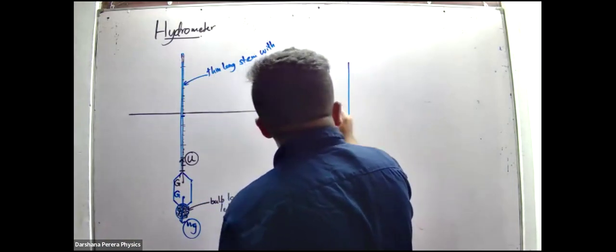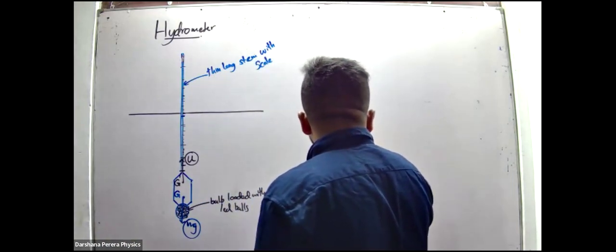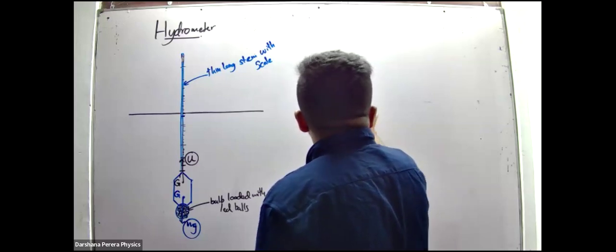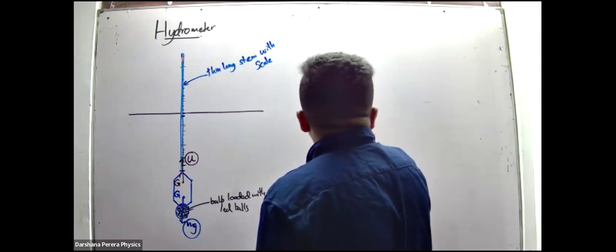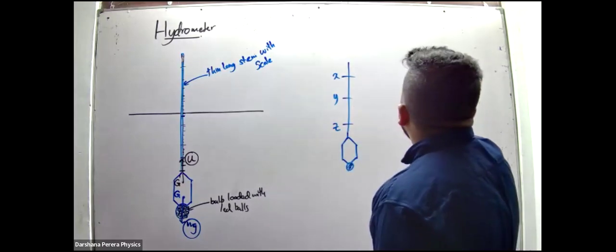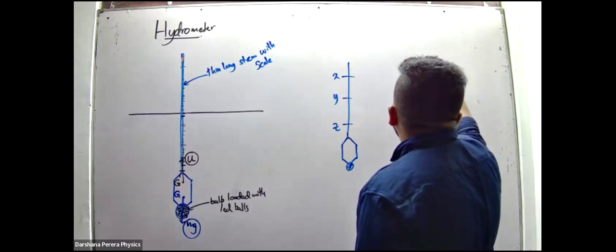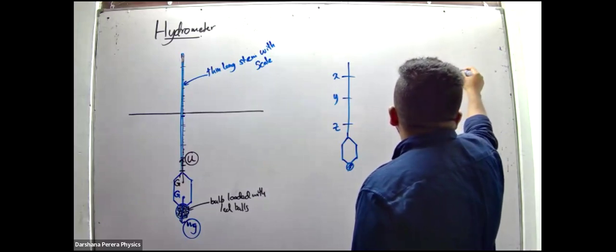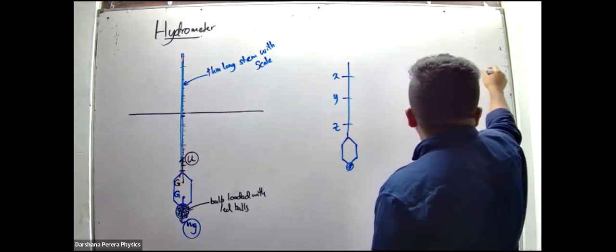Okay, I take the values x, y, and z. I give the densities as 800 kg m^-3, 1000 kg m^-3, and 1200.